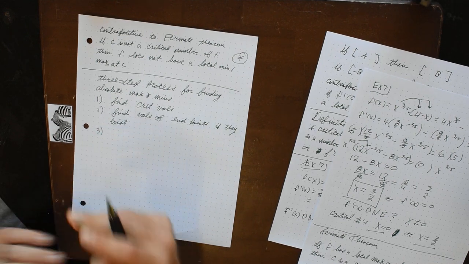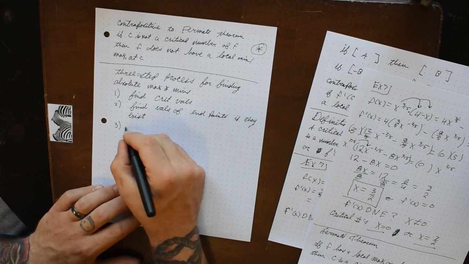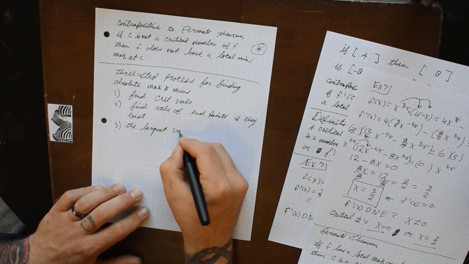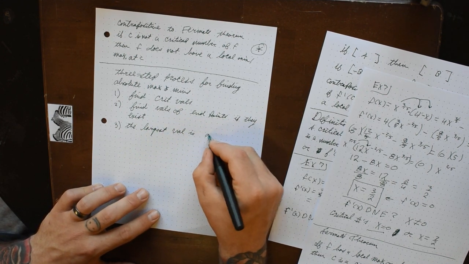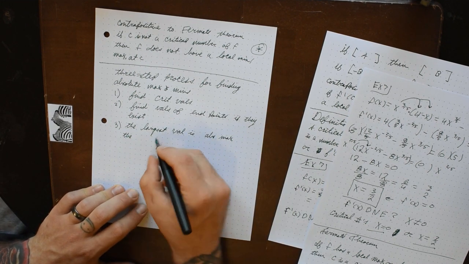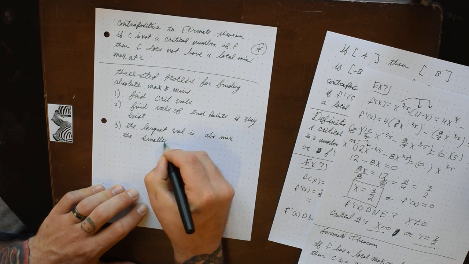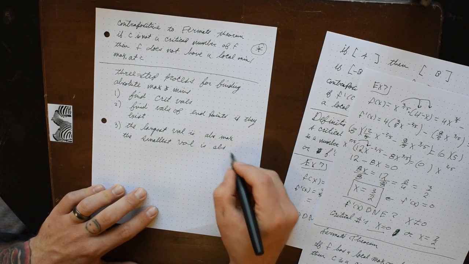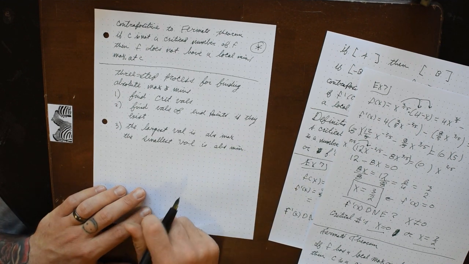And the third thing is just to compare: the largest value is the absolute max, the smallest value is the absolute minimum.